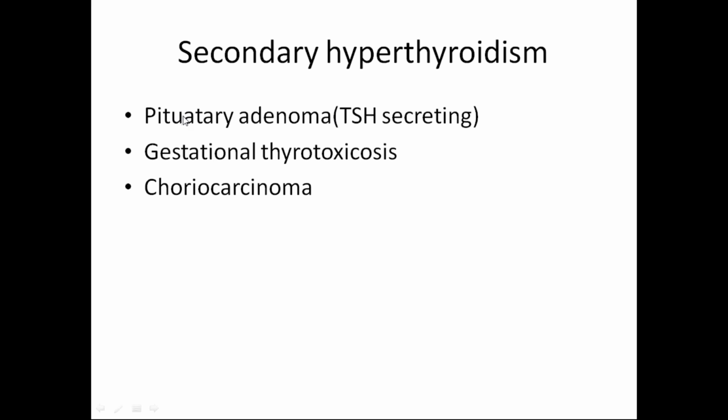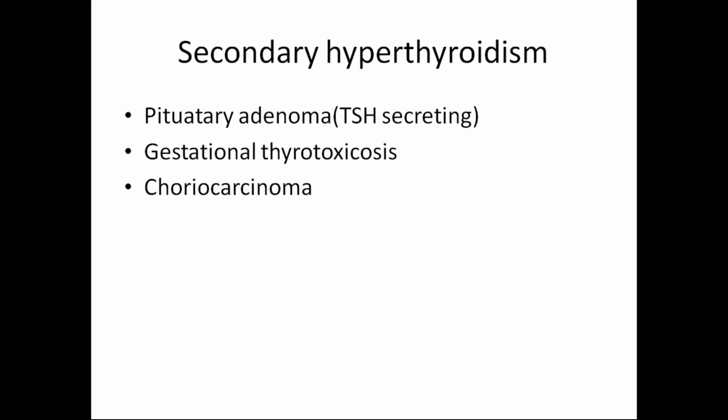This TSH stimulates the thyroid gland and causes the release of T3 and T4 hormones. These T3 and T4 hormones make a feedback loop inhibition on the pituitary. When there is an excess of T3 and T4, they act on the pituitary gland and cause a decrease in TSH, which in turn causes a decrease in the production of T3 and T4 hormones. So this is a negative feedback loop.